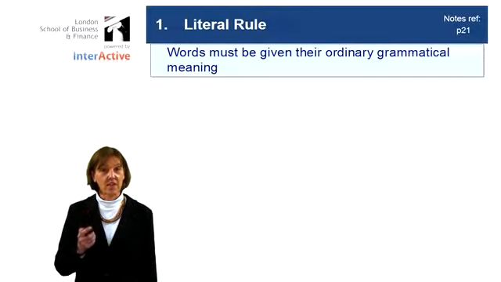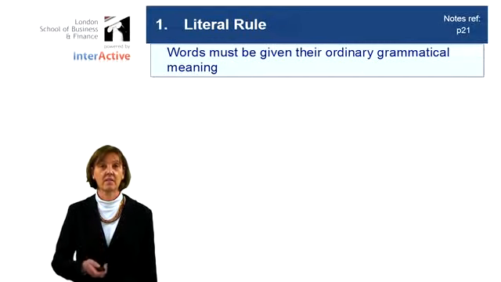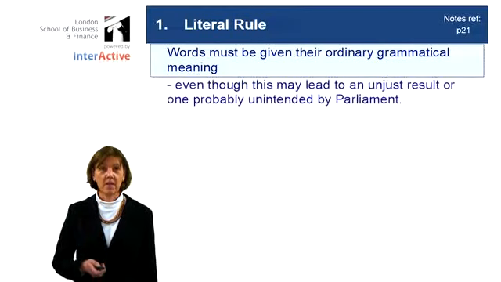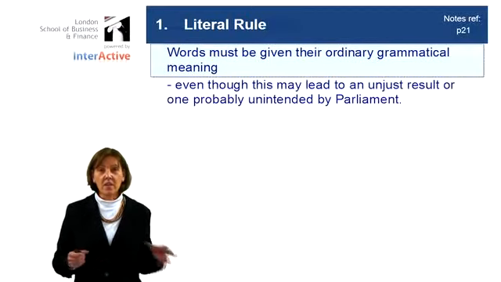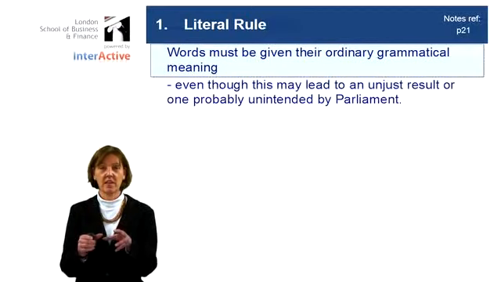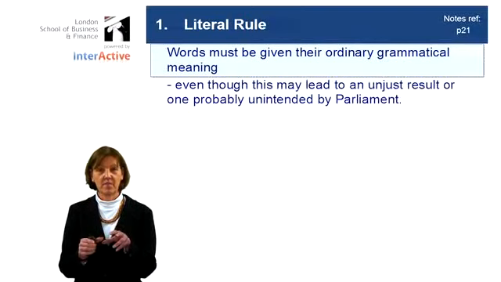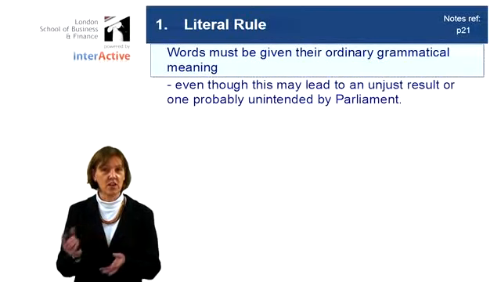And if the dictionary gives just one meaning, then the judge must use that meaning. And that is so, even though this may lead to what seems to be an unjust result, or one possibly not intended by Parliament. The judges must keep literally to the words of Parliament. They're not allowed to read anything in or change them at all.